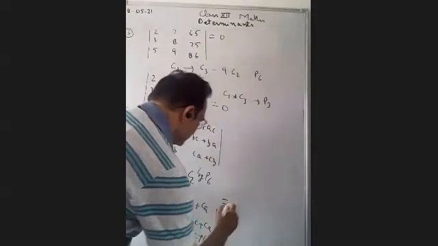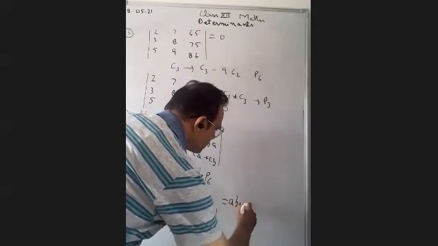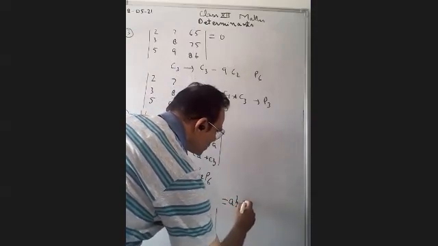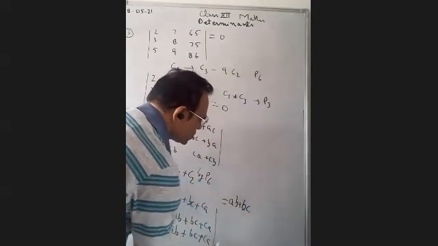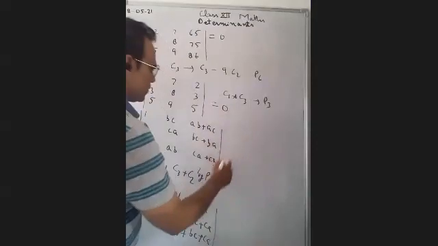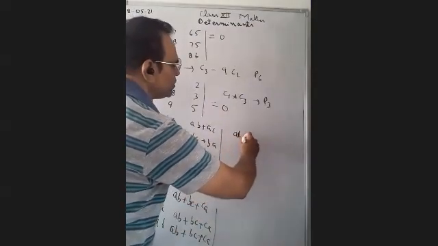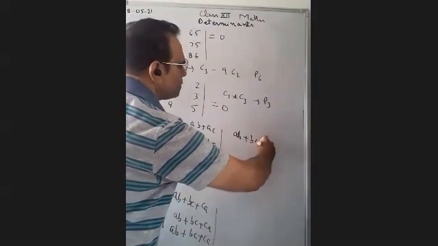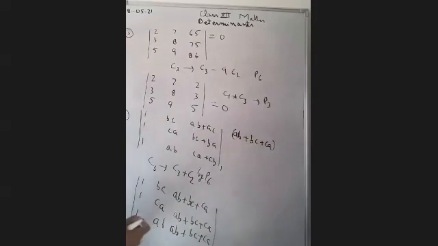Here I am writing AB plus BC plus CA. It will be better if I write it on the upper side. AB plus BC plus CA. We are taking this term common.